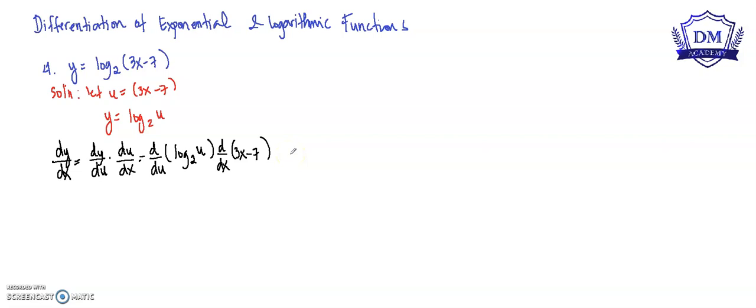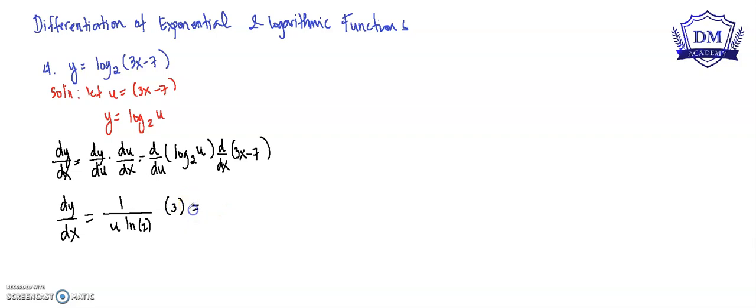Okay, so we have now dy over dx is equal to, what is the derivative of log of u to the base 2? That is 1 over u ln of 2, multiplied by the derivative of 3x minus 7, that is 3.